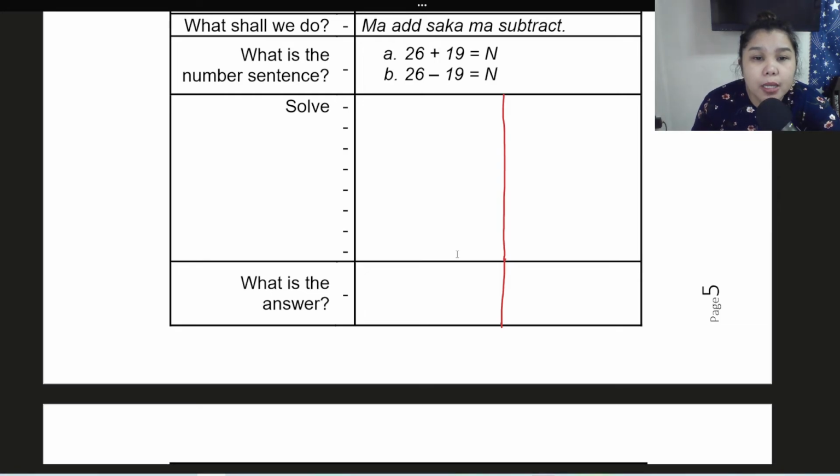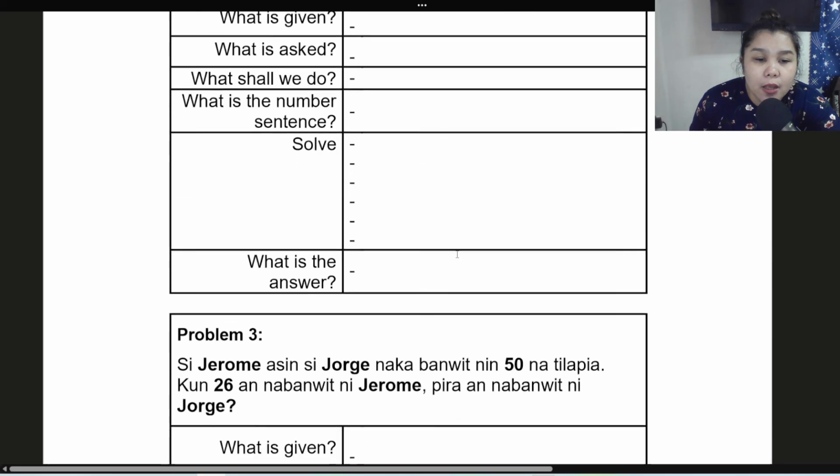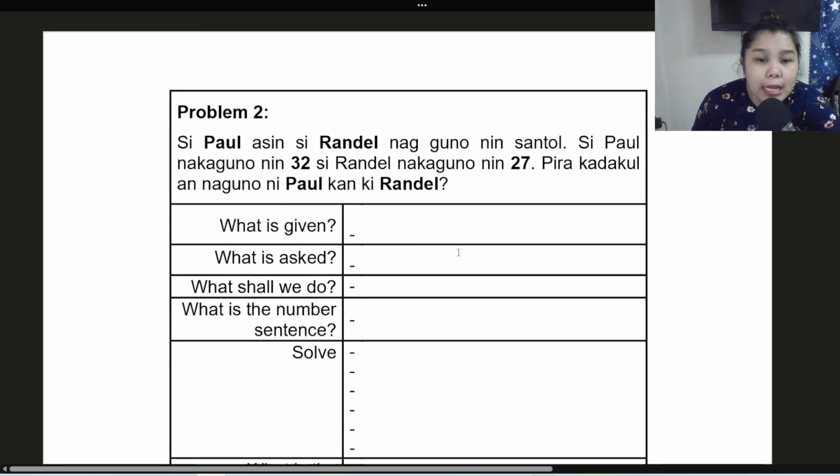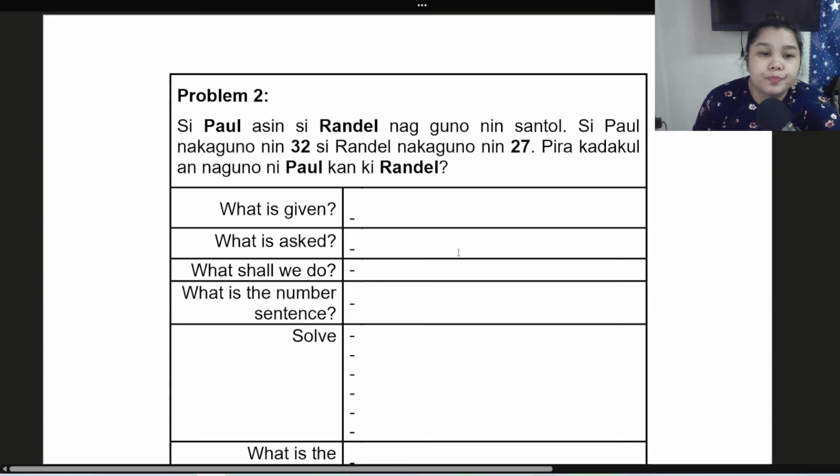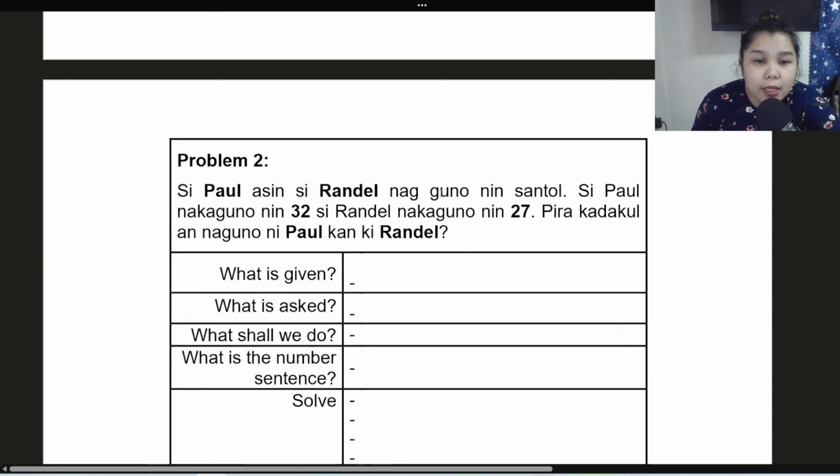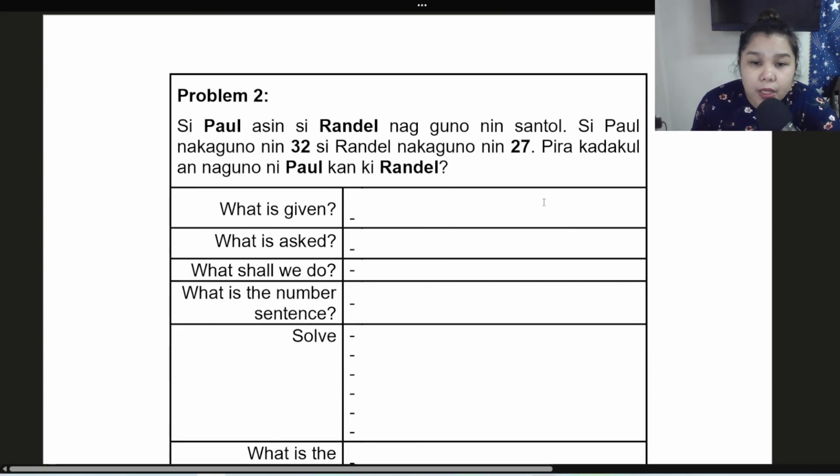this part to finish. This time there are no other givens. Paul and Randall picked santol fruit. Paul picked 32, Randall picked 27. How many more did Paul pick than Randall? So we are after the difference. What is the difference between what one got, 32, and what the other got, 27? So write what is given here.